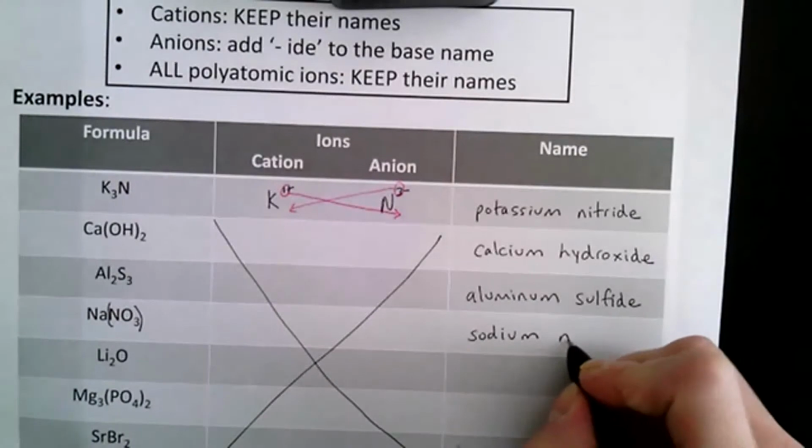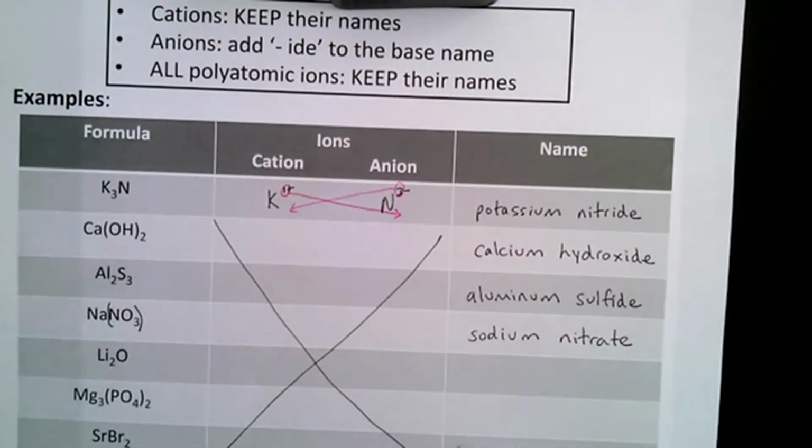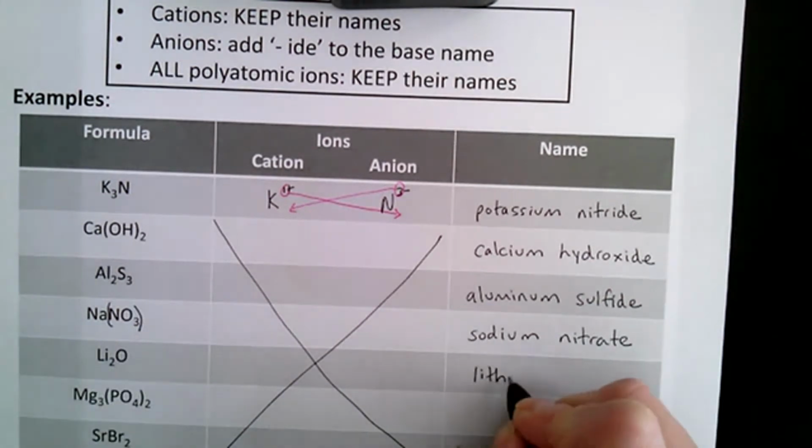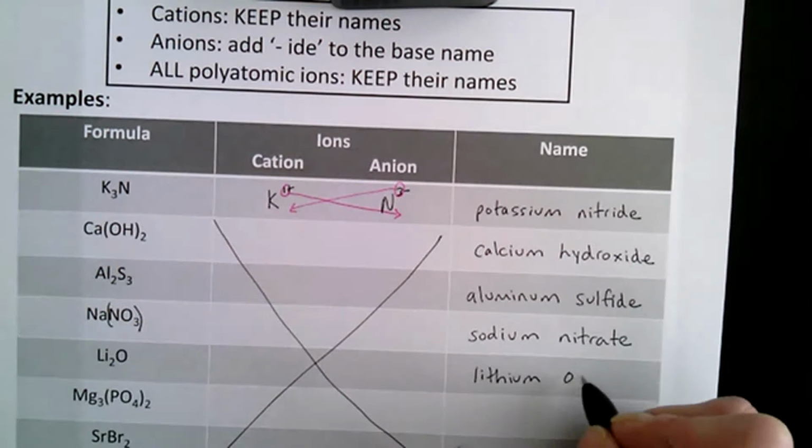No name change. Nitrate. Smush the two names together. Okay, that's how this one goes. This one, we've got lithium as Li. Just one element with it, so it's got to come off the periodic table. It's not polyatomic. Oxygen becomes oxide.